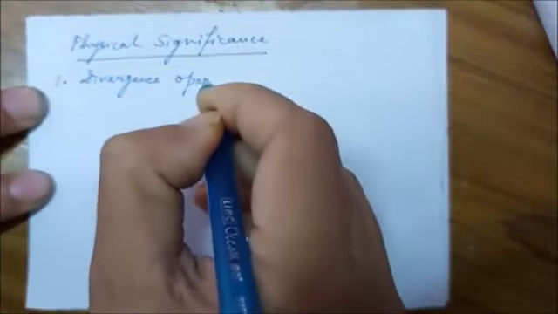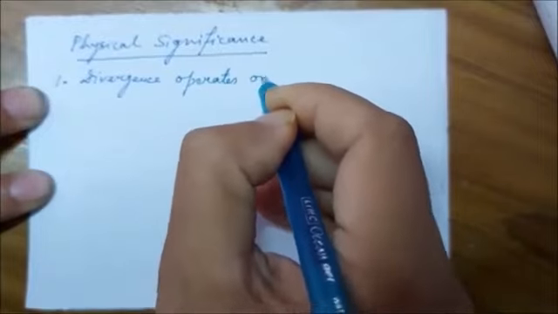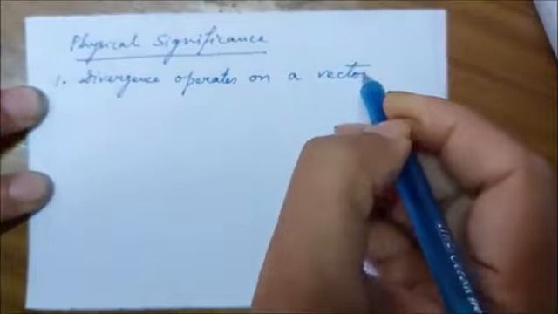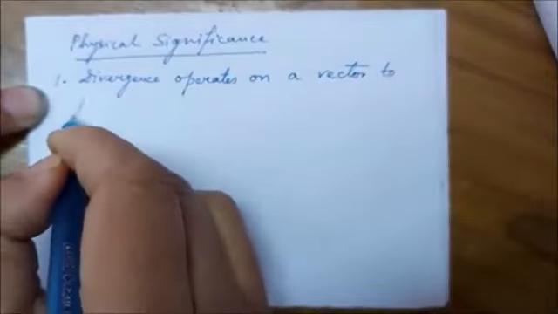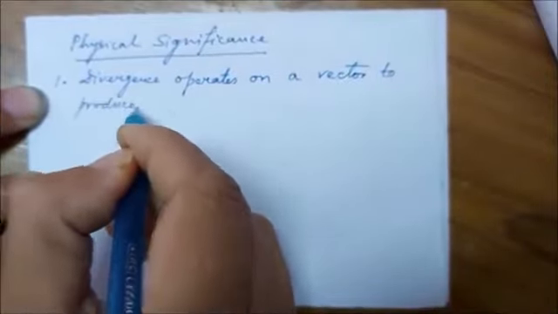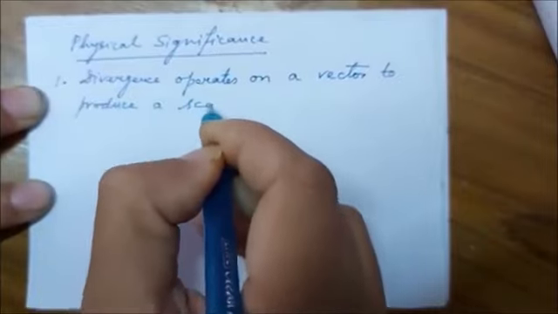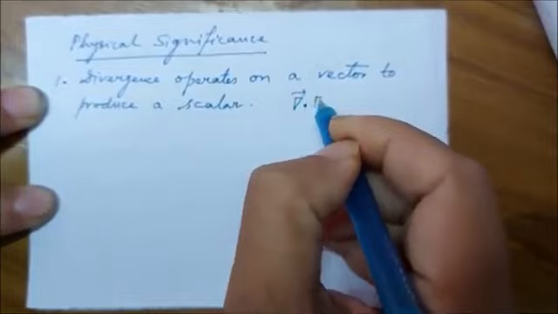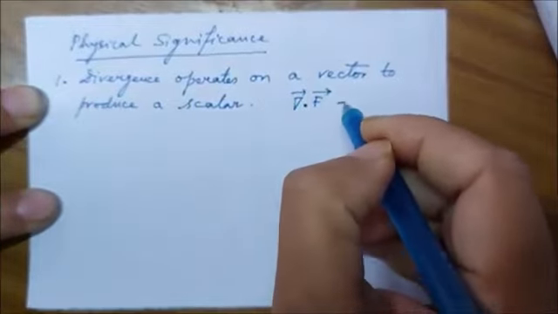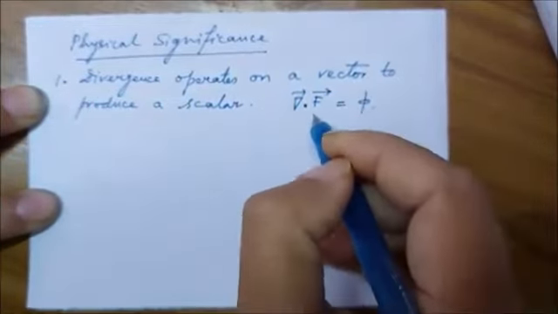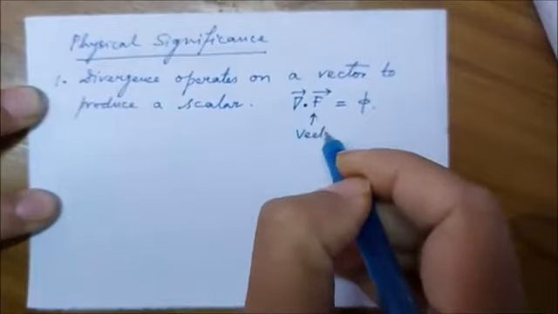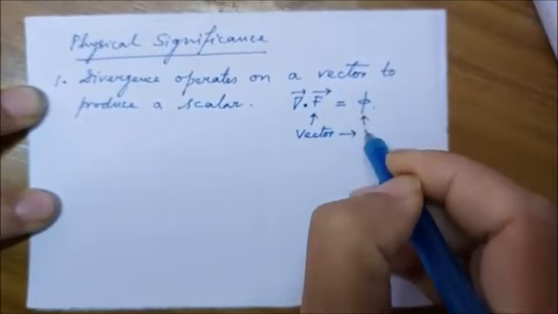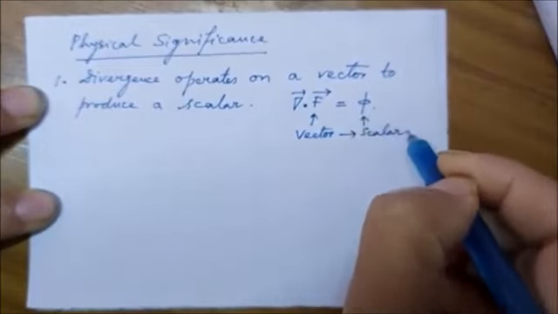Divergence operates on a vector to produce a scalar. So it is a transition from a vector field to a scalar field.